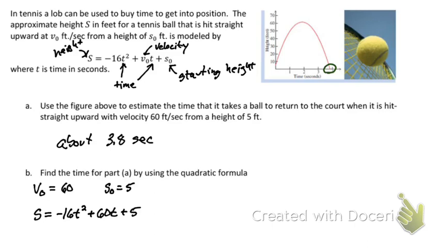Now, as it sits, you can't solve that equation. We have to bring in, what is the height of the ball that we're actually looking for? Are we looking for where it's at 2 feet, 3 feet, 5 feet?